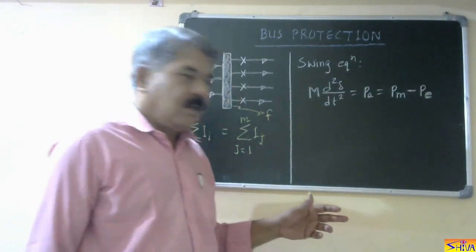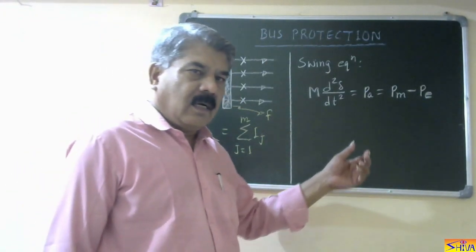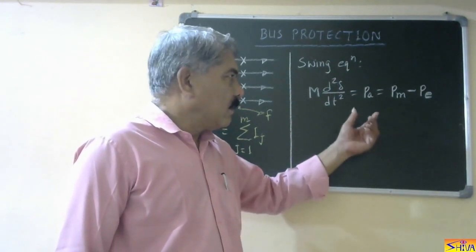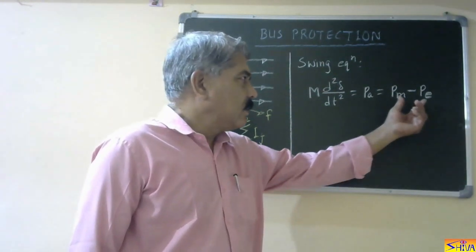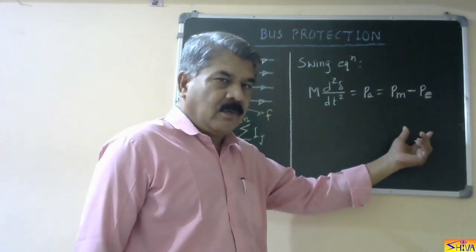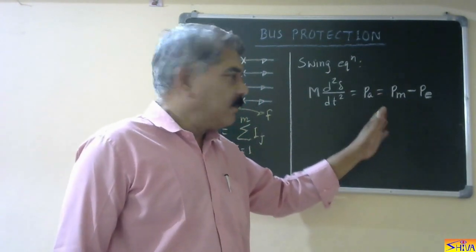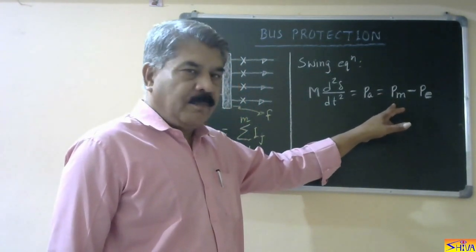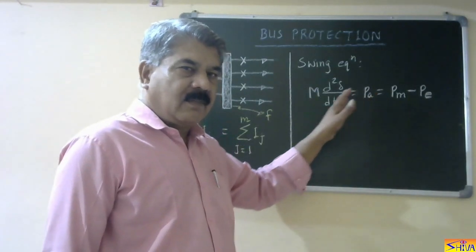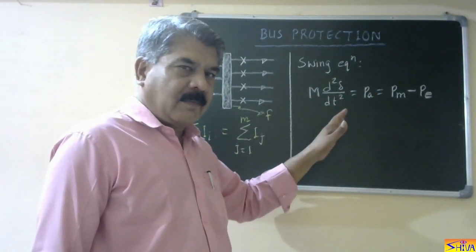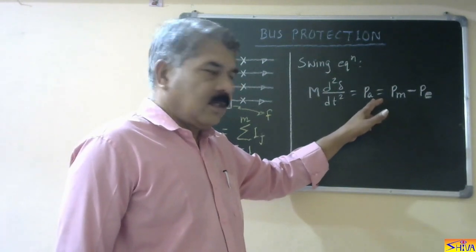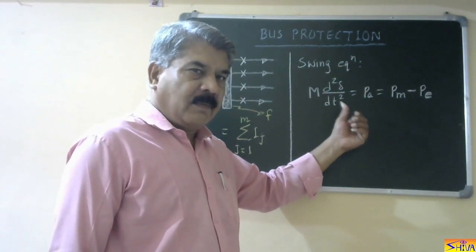Now when it is a load bus and a fault occurs, PE will be 0. All the loads will be disconnected. So accelerating power will be equal to PM. When there is a fault on the generator bus, again the reverse swing of the generator will be very large.